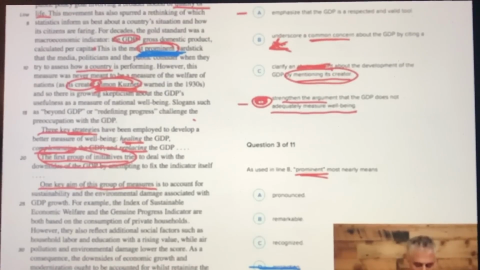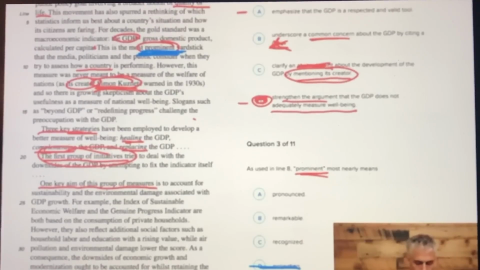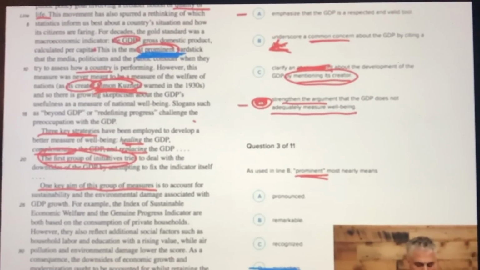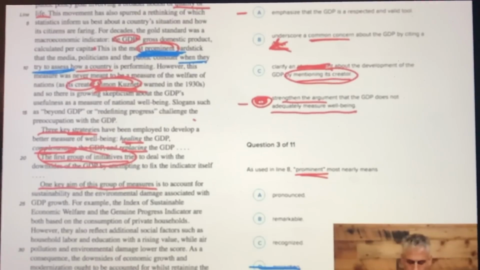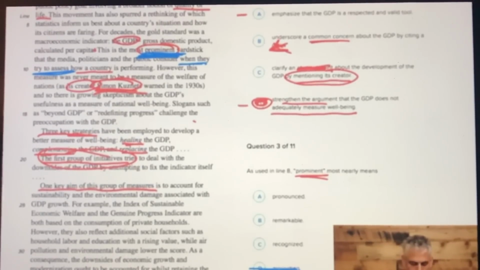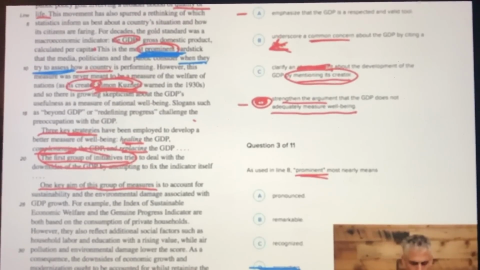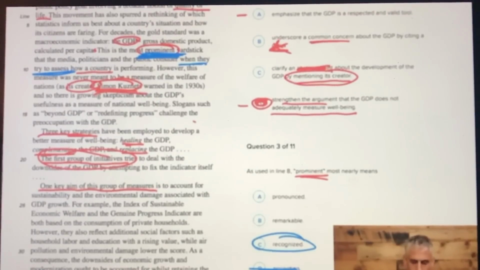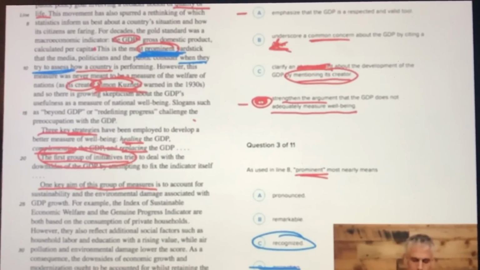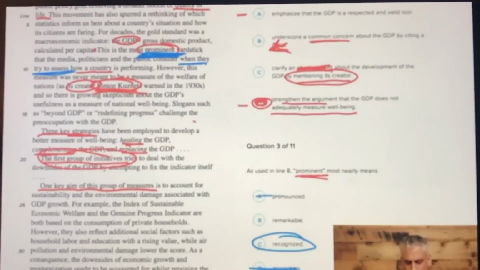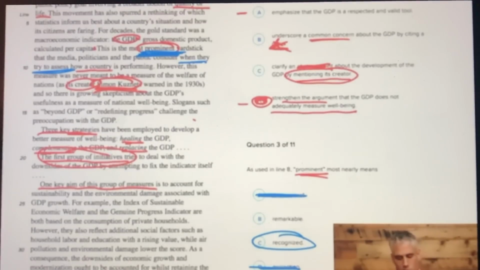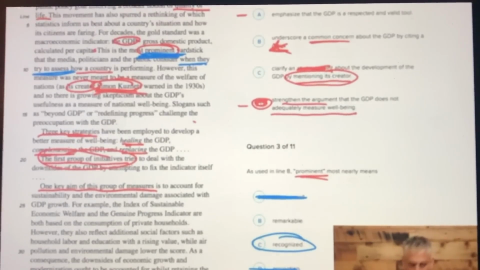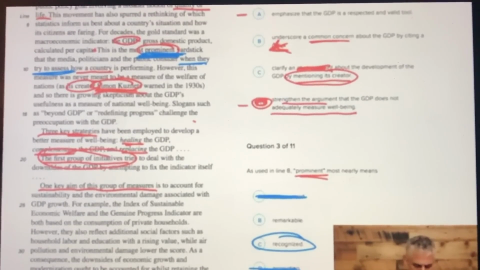We're trying to use a word, most prominent yardstick that the media considers when they try to assess. They're just using it a lot. It's remarkable. No, it's prominent. It's recognized. It's a recognized yardstick. So we can plug in pronounced yardstick. Isn't really what we're looking for. We're looking for one that people are using, people acknowledge is useful.